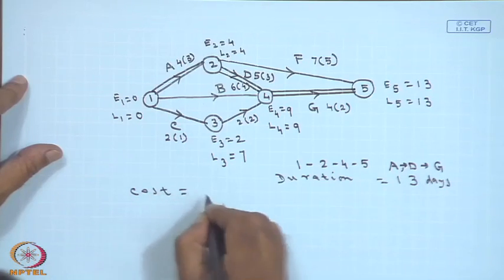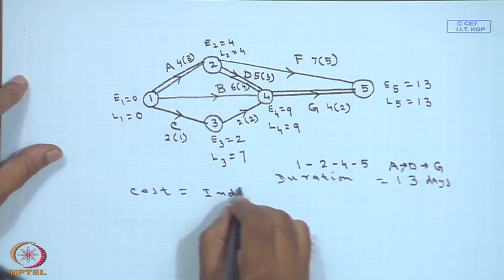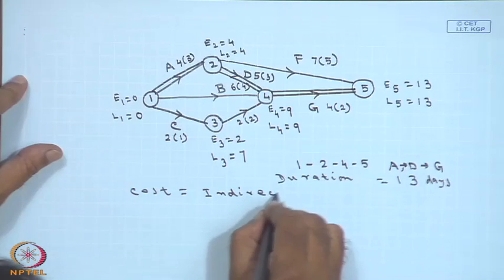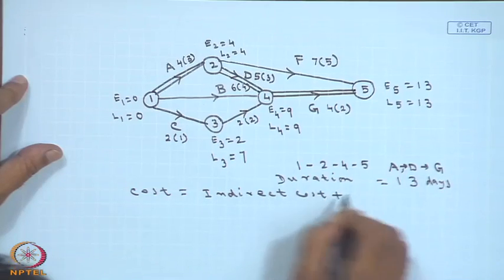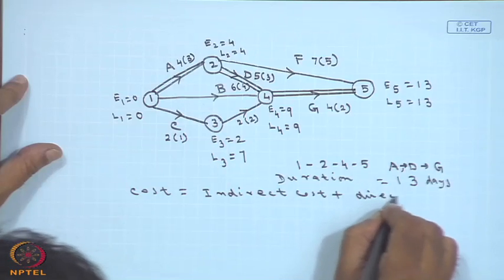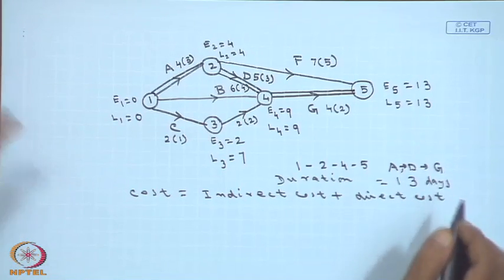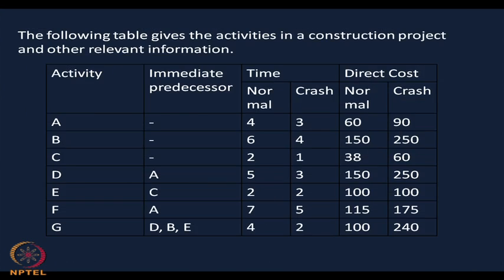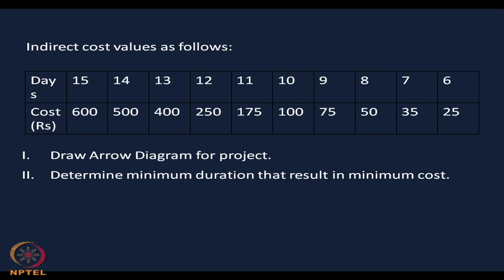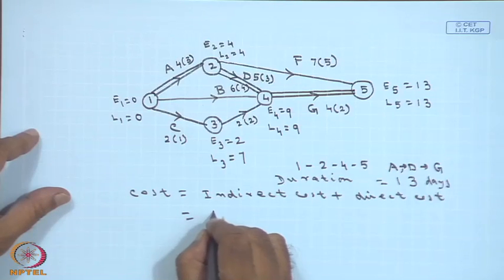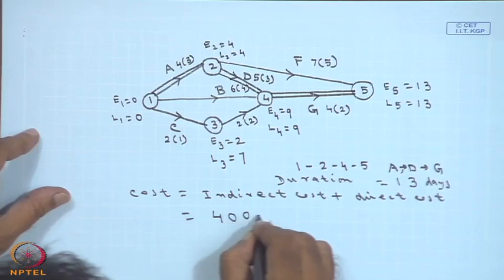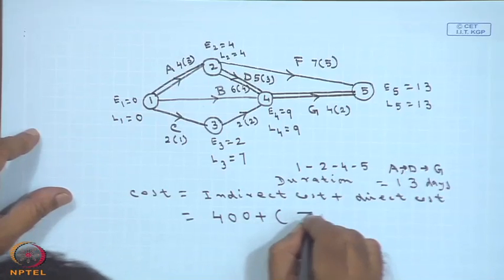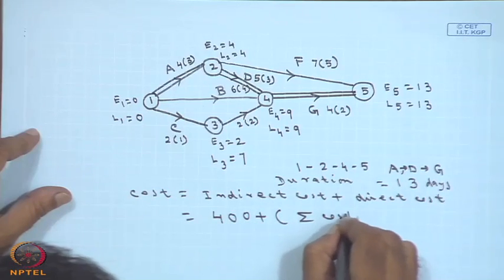Total cost, as I was telling you, will be indirect cost plus direct cost. If you see the second table, I am completing the project in 13 days. In 13 days, the indirect cost is 400. So, I will write this equals 400 plus the summation of costs at the different nodes.